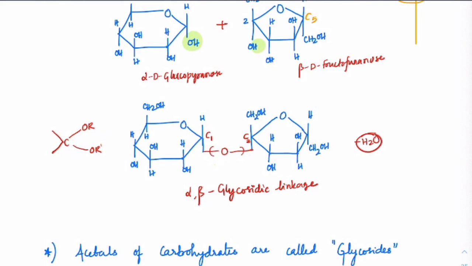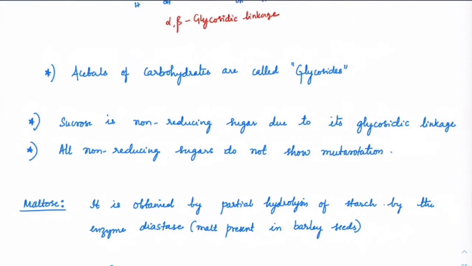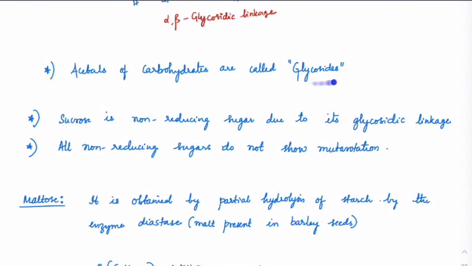So this was actually OH, which was a hemiacetal. You can see this carbon with OR and OH. Now this has become OR and OR, so it has become an acetal. Then we call it a glycosidic linkage. Acetals of carbohydrates are called glycosides because they have a glycosidic linkage.